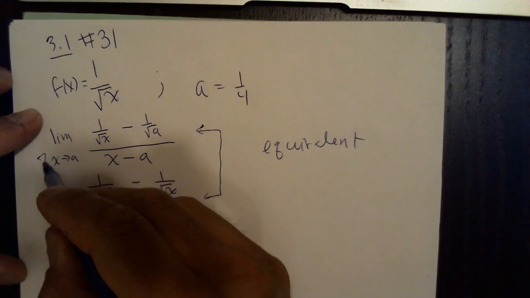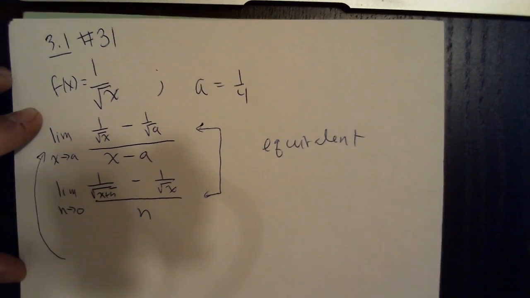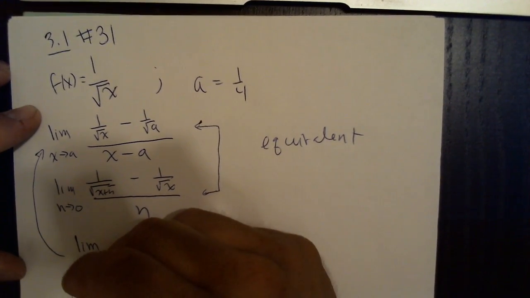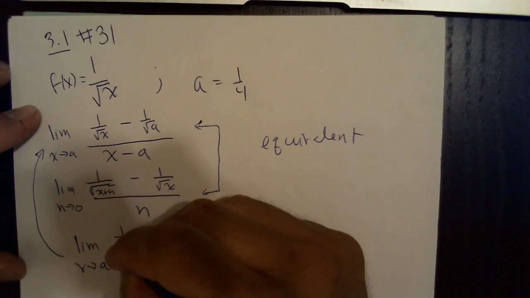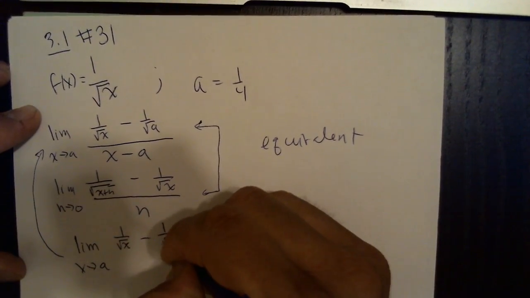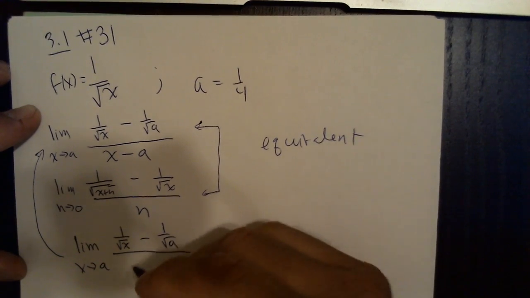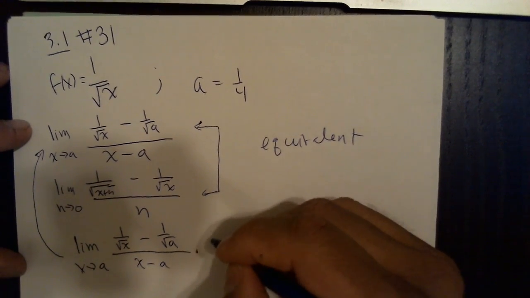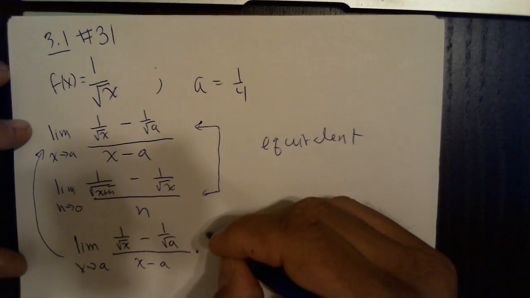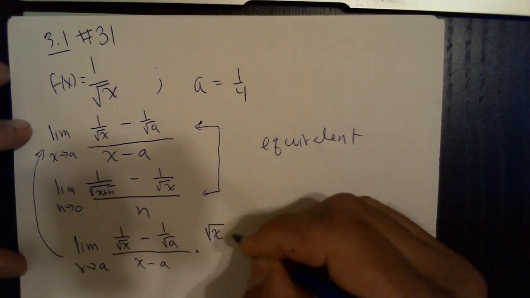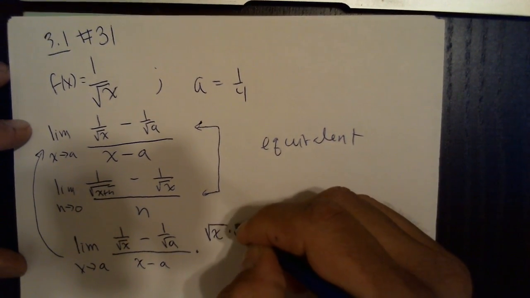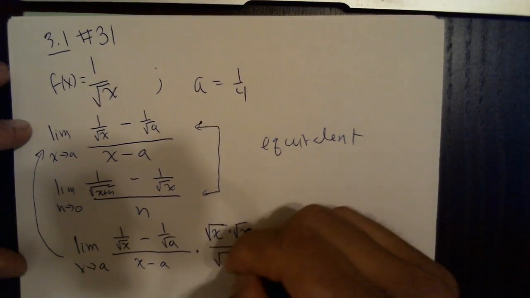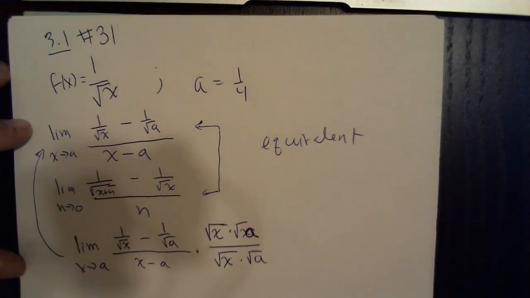Here I'm going to look at the first one. The first thing I want to do is eliminate this complex fraction. Whenever you have a problem that looks like this with a complex fraction, the first thing we want to do is get rid of it.